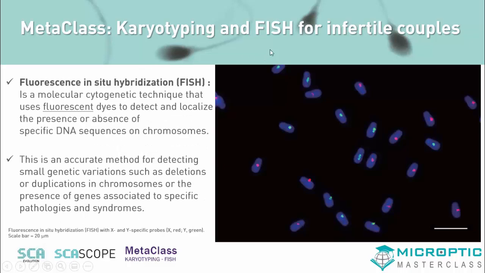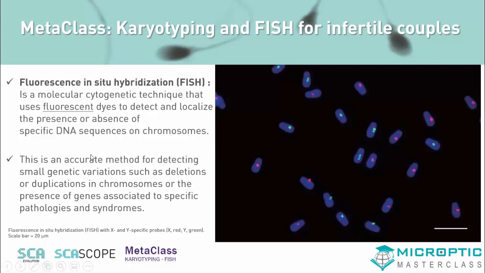The FISH analysis is a molecular cytogenetic technique that uses fluorescence. In the karyotype, we use a bright field microscope. In the FISH, it's necessary to use fluorescence to detect and localize the presence or absence of a specific DNA sequence on chromosomes.